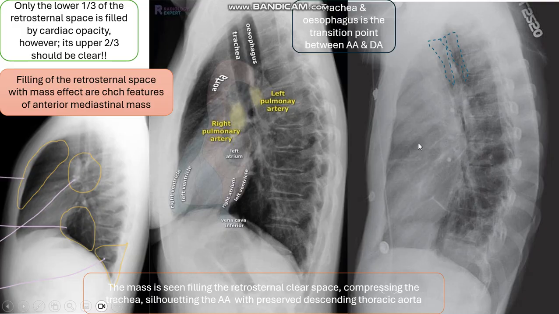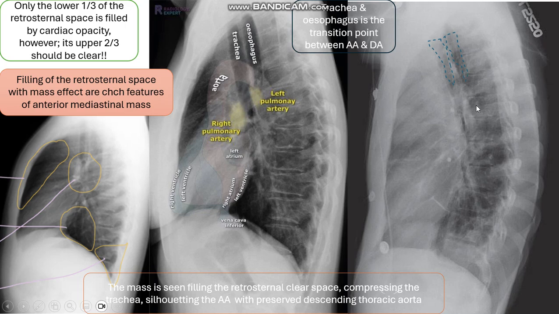This mass is not a posterior mediastinal mass because it is not obscuring the descending thoracic aorta.